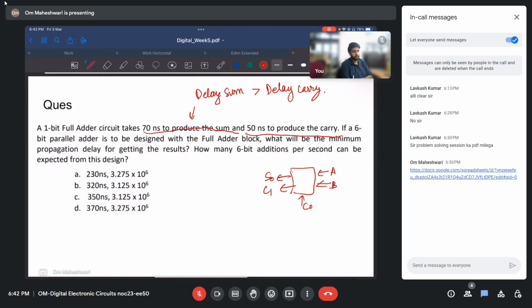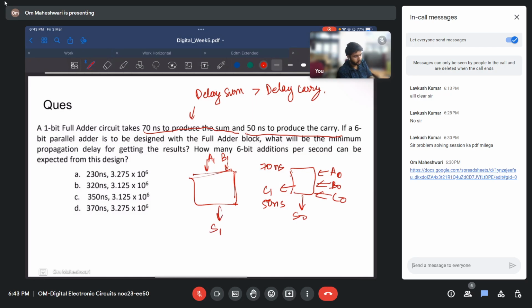So if producing S0 takes 70 nanoseconds and producing C1 takes 50 nanoseconds, and we have another block ahead of it, say A1, B1 and C0 come in and output S0 and C1.